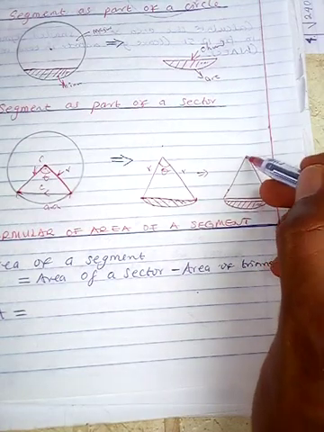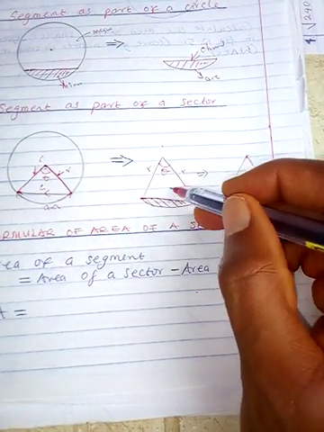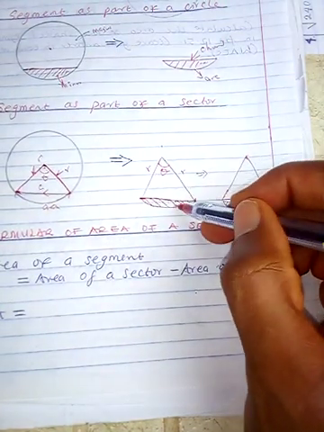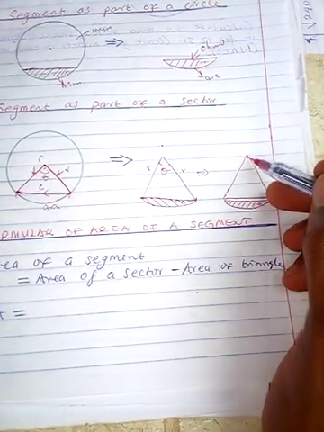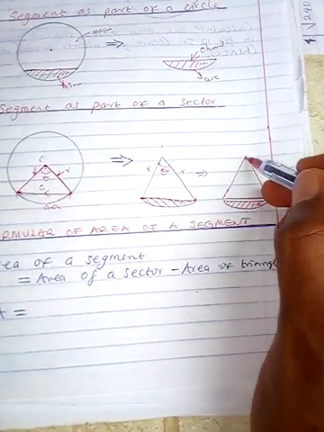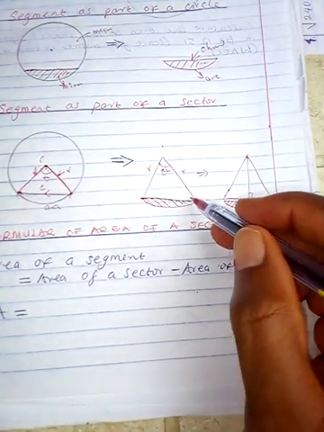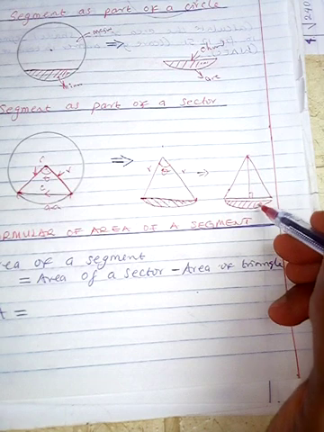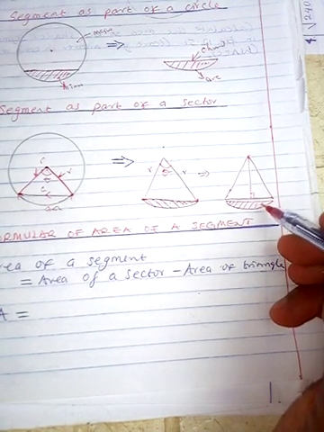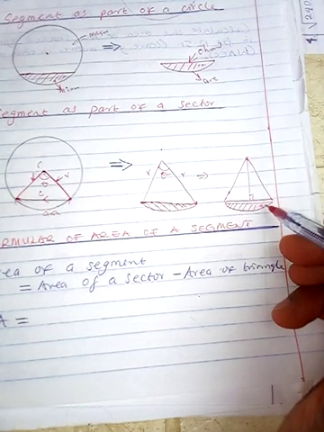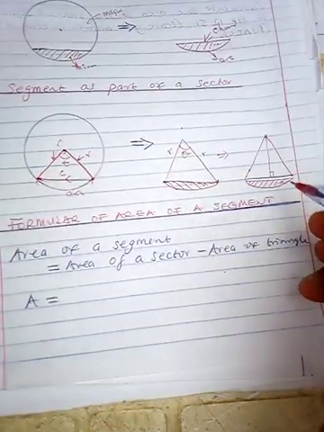So a sector can be divided into a triangle and a segment. From this sector, we are now having a triangle here, and we're having a segment. So a sector comprises a triangle and a segment, and that is where we can derive the formula for finding the segment of a sector or segment of a circle.